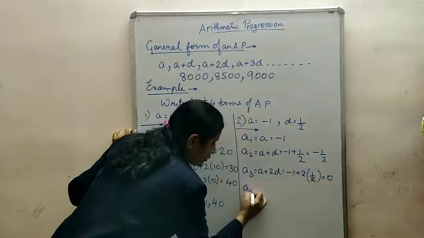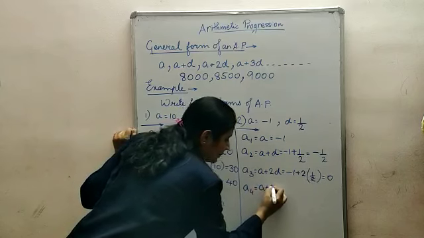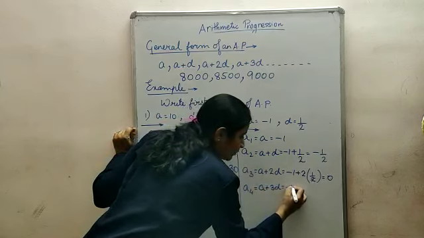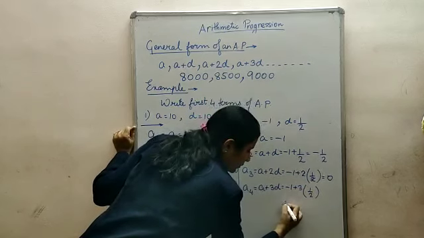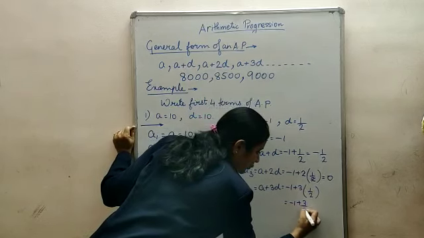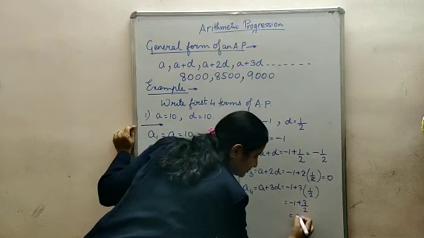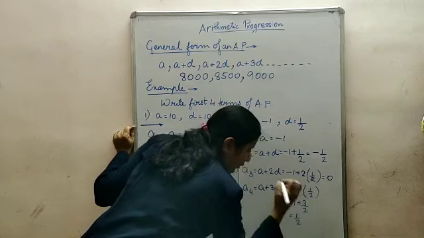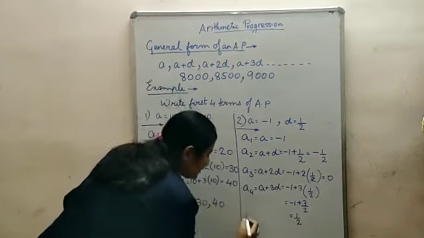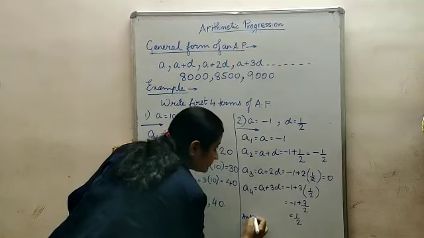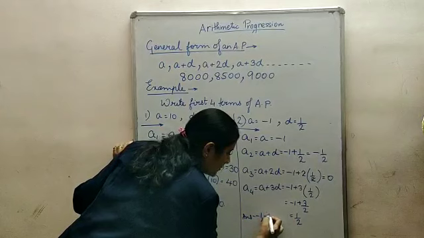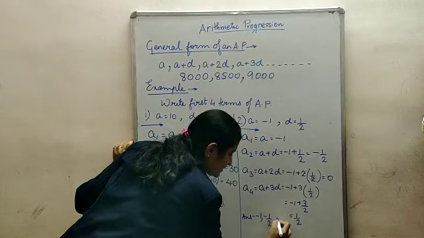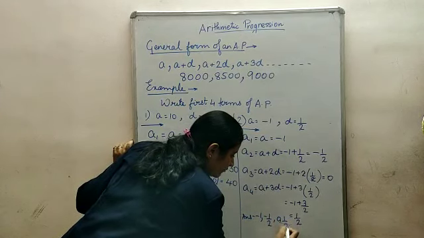Then a4 is your fourth term, which is equal to a plus thrice d is equal to -1 plus 3 times 1 by 2 is equal to -1 plus 3 by 2, which is equal to 1 by 2. So your answer is, first term is -1, then -1 by 2, then 0, and then 1 by 2.